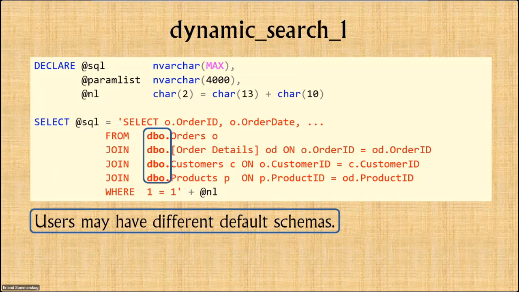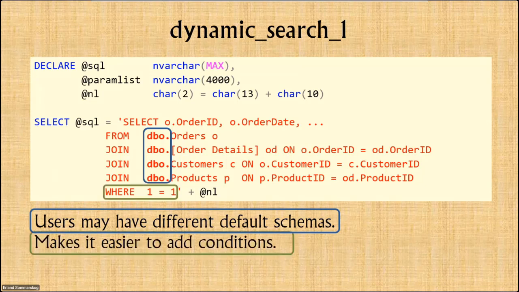For that reason, we will have to flush the query plan for Jack, but not for Jill. So that's why they can't share query plans. And if every user has it that way, we are going to bloat the cache with lots of plans for each user. We don't want to do that. But if we put in dbo, there is no ambiguity, and it will always be the same plan. Now, in practice, in many databases users do have dbo as the default schema, but that does not have to be the case.